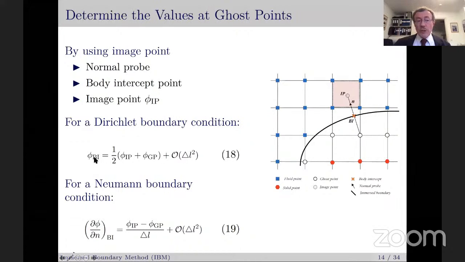Then we simply express the value at the boundary that we know as the average of the values at the image point and the ghost point. That is a second order approximation. Neglecting that error term, we get an equation to determine the ghost point values for the velocities, x and y velocity, u and v.